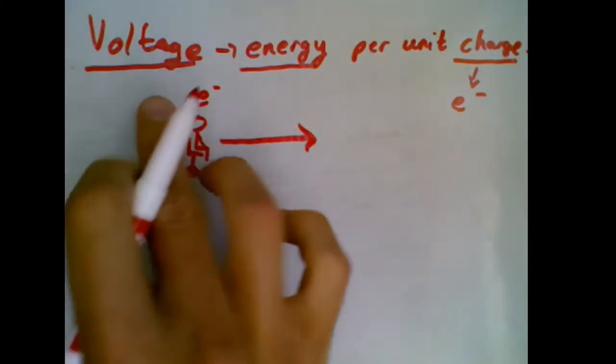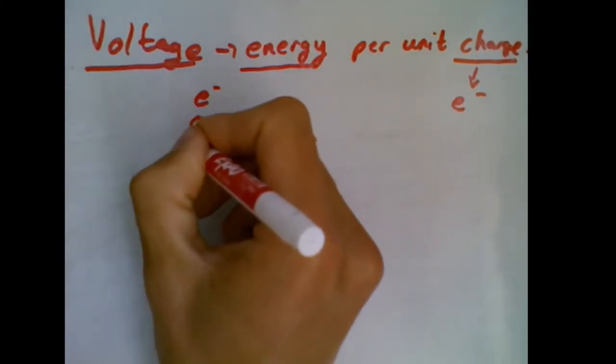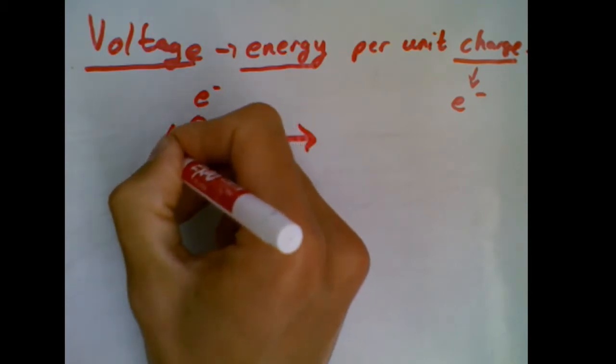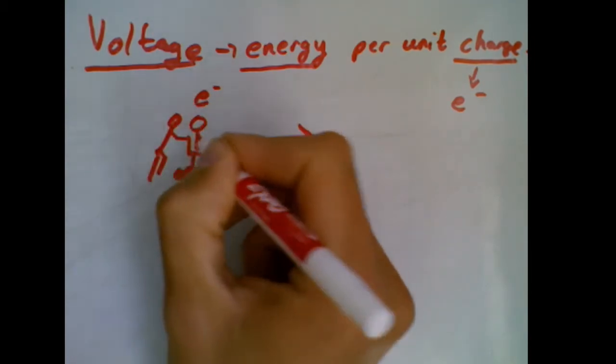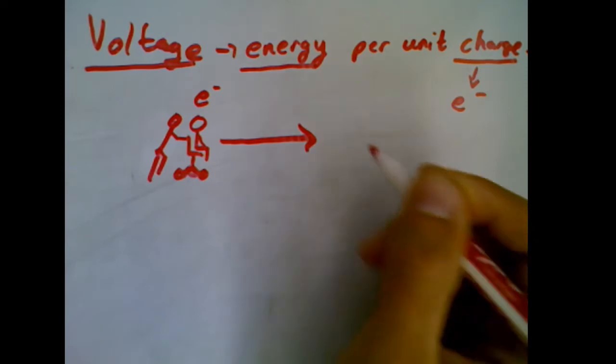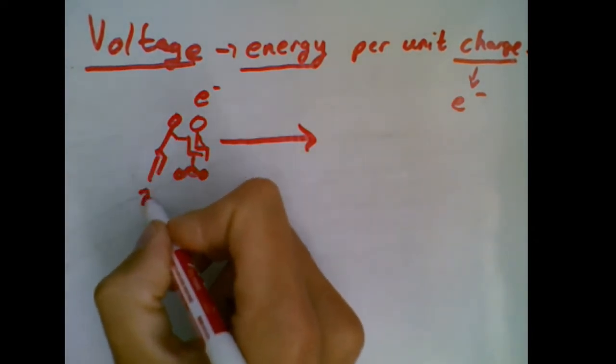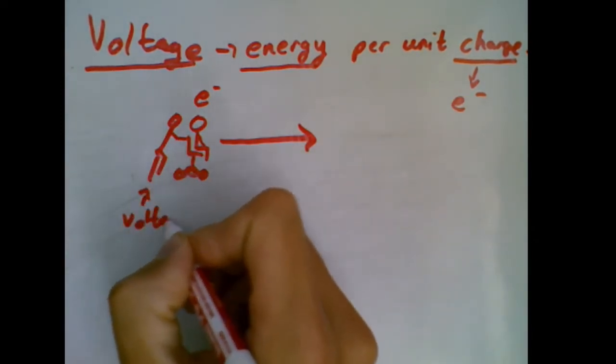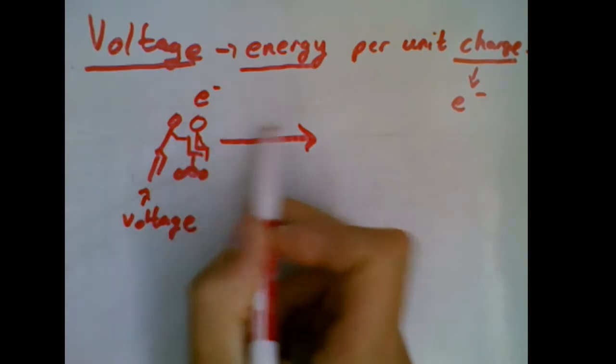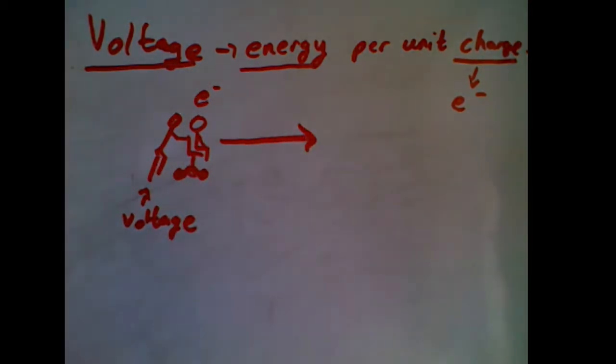So if we have another person who comes up and gives a push to this person, that is very much like the voltage. The voltage is what actually forces the electrons to travel through the circuit.